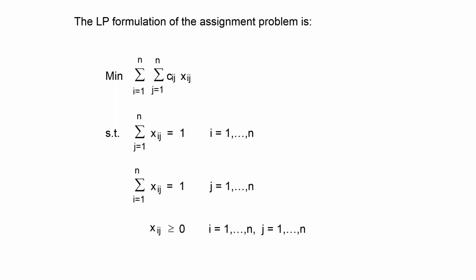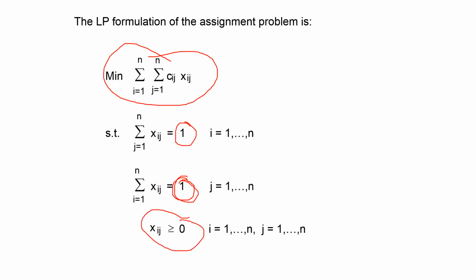The LP is easily formulated as the double summation of Cij times Xij, and I want to minimize this quantity, which is the assignment cost. Similar to the transportation problem, there are 2 types of constraints, the supply constraint and the demand constraint, and remember that both have a value of 1 on the supply capacity and the demand requirements. And obviously there is the non-negativity constraint.